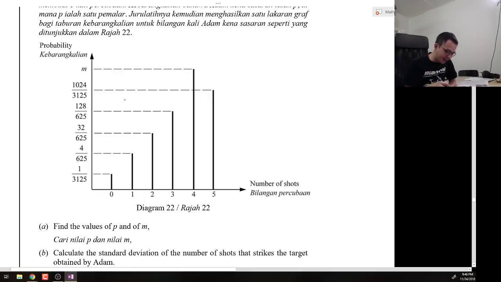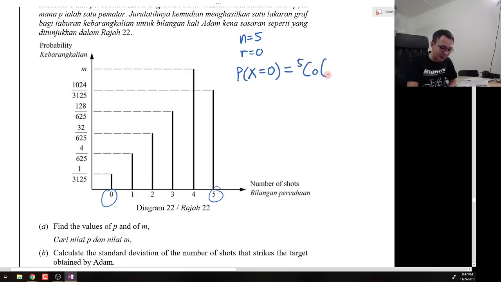So in this kind of case, right, I always choose 0 or 5 to solve. Either one will be good. So let's say I choose the 0, because it's easier to do the 0 or 5 thing. Okay, n equals 5, because we try 5 times, r equals 0. So my formula is x equals 0, and then nCr, right? So with 5C0, and then P to the power of 0, Q is 1 minus P, right? 1 minus P to the power of 5.